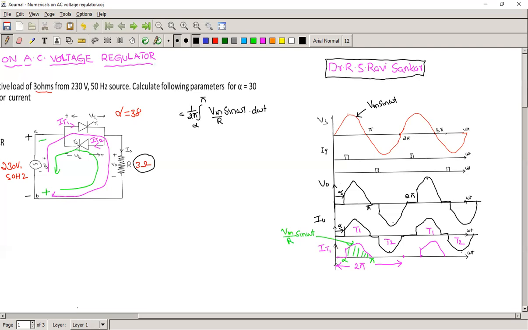This is equal to the average thyristor current, IT average. So if we complete this integration, IT average equal to 1 by 2 pi R, minus cos omega t, limits from alpha to pi.